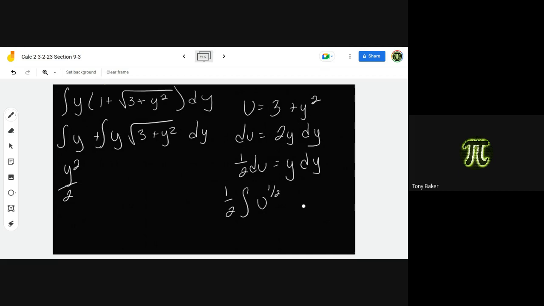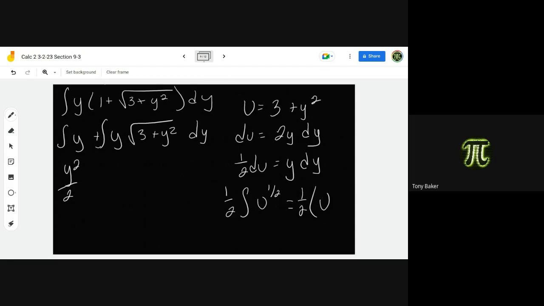Okay, so what happens? This becomes what? You did the derivative. You're adding one. So it's u to the what? You're adding one, you're not subtracting one.